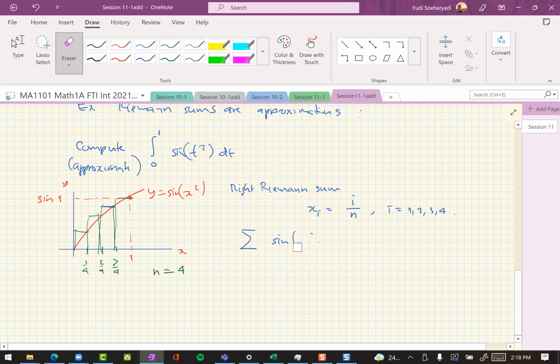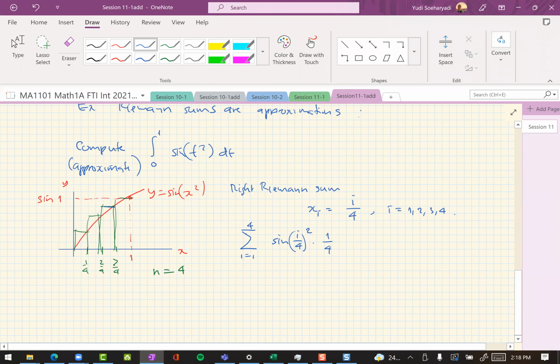Step by step, this is just 1, 2, 3, 4. So i over 4, times 1/n, from i equals 1 to n; we can replace this 4 by n actually.